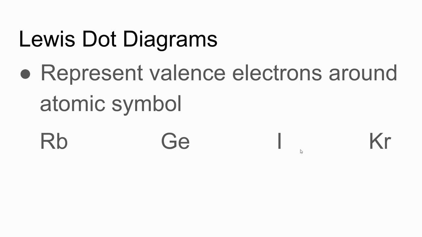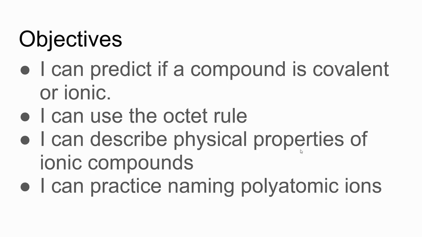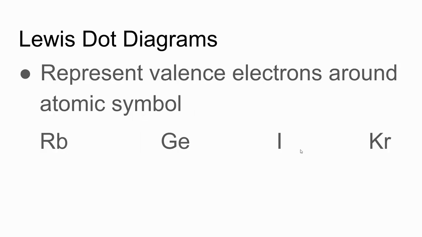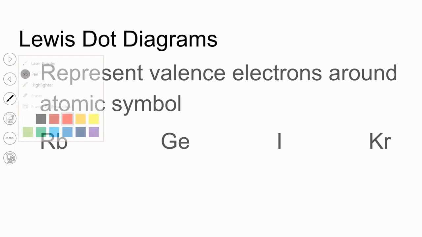Okay, so I have these different elements. How many valence electrons does rubidium have? I think it's in one of the first 2 columns. Okay, so if it has 1 valence electron, we're going to start drawing this Lewis dot diagram.